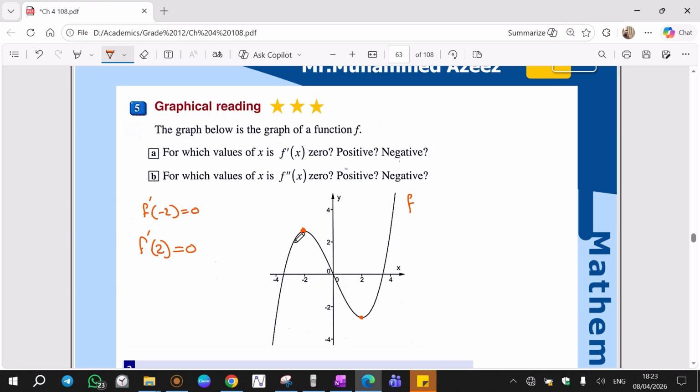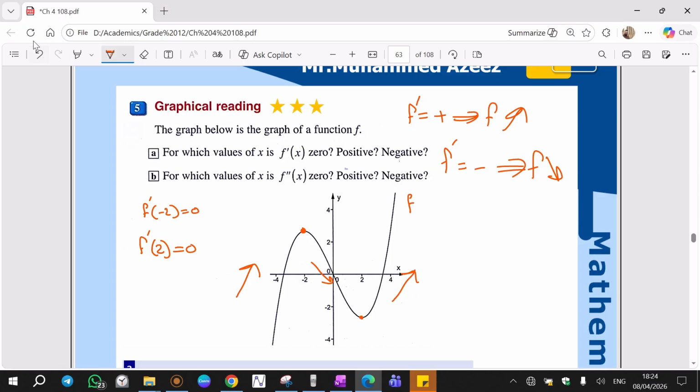If f prime is positive, then f must be increasing. If f prime is negative, then f must be decreasing. F prime is going to be positive from -infinity until -2, union with from 2 until +infinity. The answers are all available. F prime is negative from -2 until +2, because this region is the decreasing region.